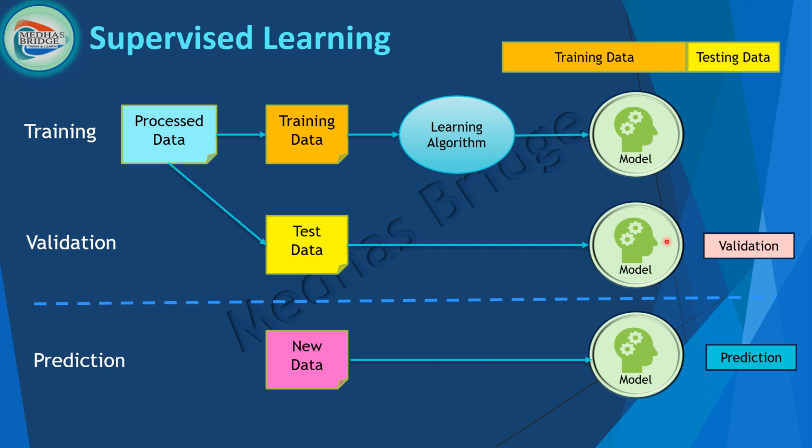If the prediction makes sense to you, then you use that trained model to predict on a new data set given to it. This is called the prediction phase. So this is how the entire process works in supervised learning. I hope you could realize how your learning process works inside your brain.